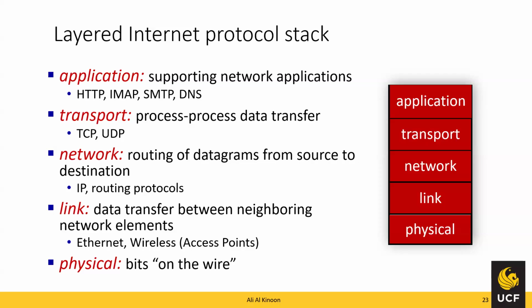The link layer also adds a header and a trailer, which contain the MAC address, and that's the data that transfers between network elements. And then we have the link and the physical layers. You can think of those as going hand in hand. We connect through Ethernet and wireless. Wireless is via access points, and the physical layer transfers the bits, which we understand as computer zeros and ones, onto the wire.